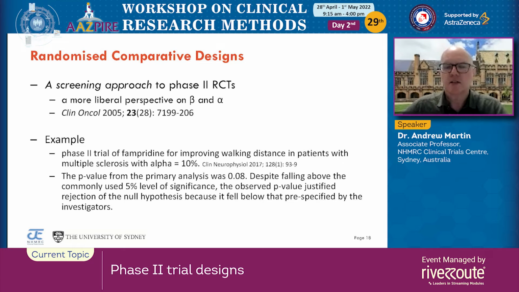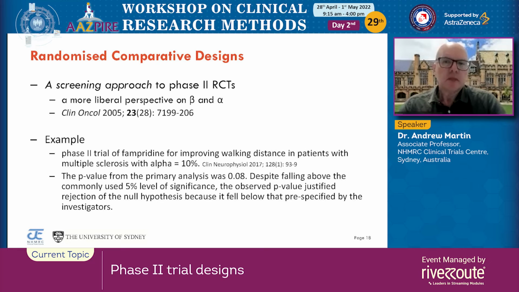So as soon as we start talking about a randomized control trial design in the phase 2 setting, we've got to acknowledge that that's likely to drive up the sample size. But one of the levers we can manipulate to reduce the sample size is the choice of alpha and beta, so those probabilities of making a type 1 and a type 2 error.